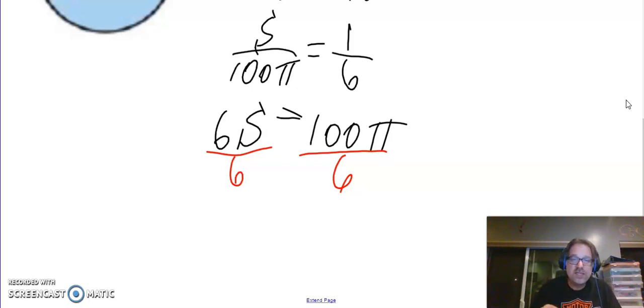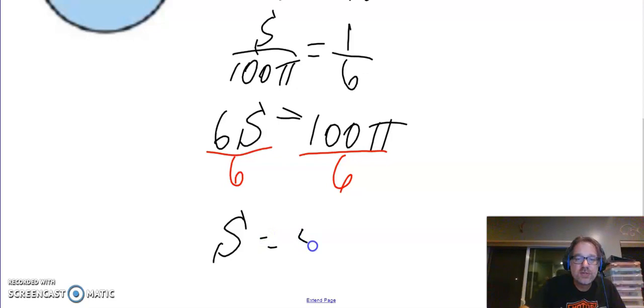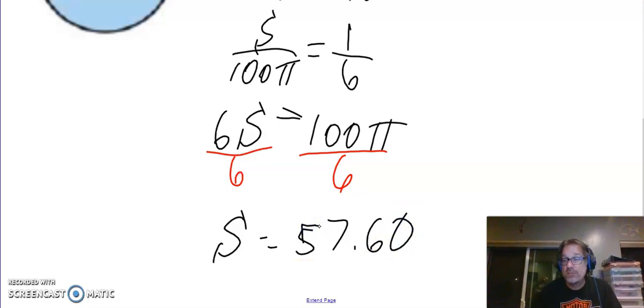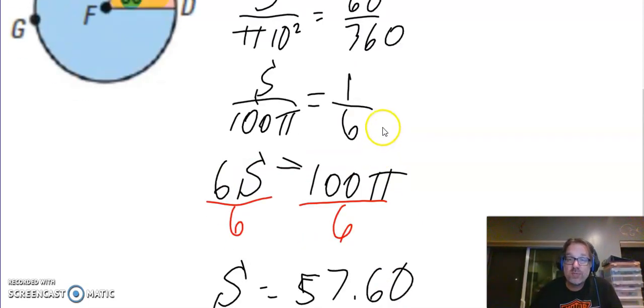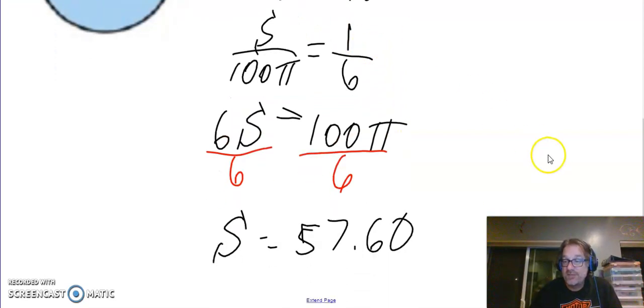I'm using my pi key, so it gives me a more accurate answer. S equals 57. Now my calculator says 595, so 2 decimal places is going to make it 57.60. Boom. And that is how we are going to use our formula to find the area of the sector.